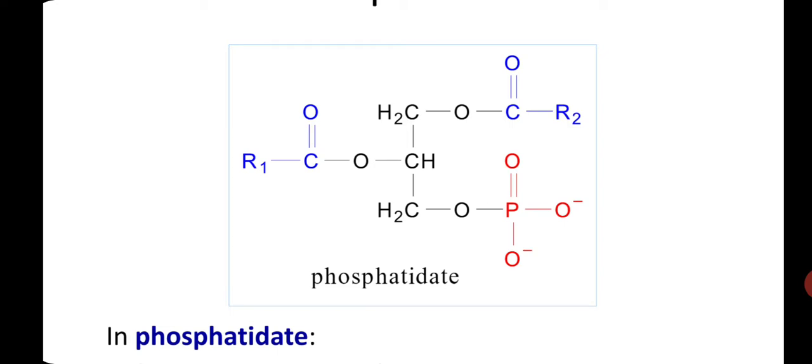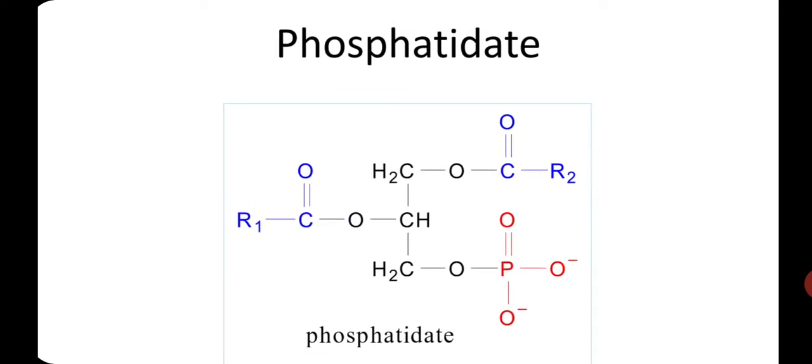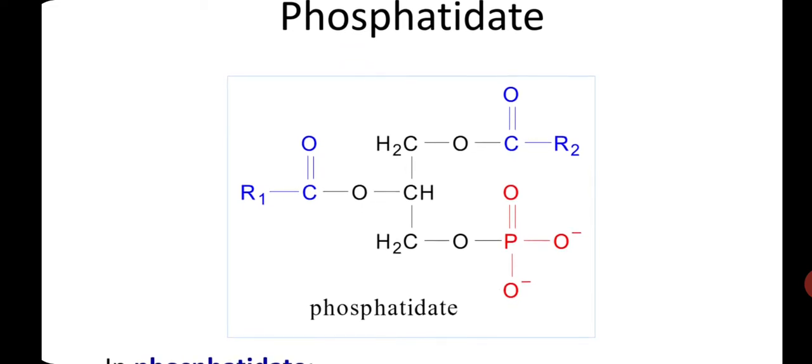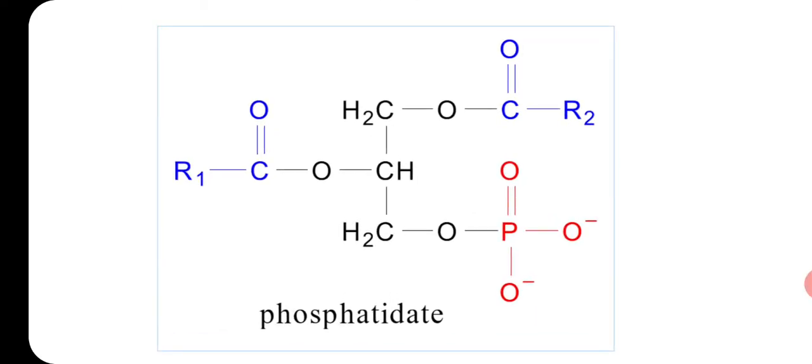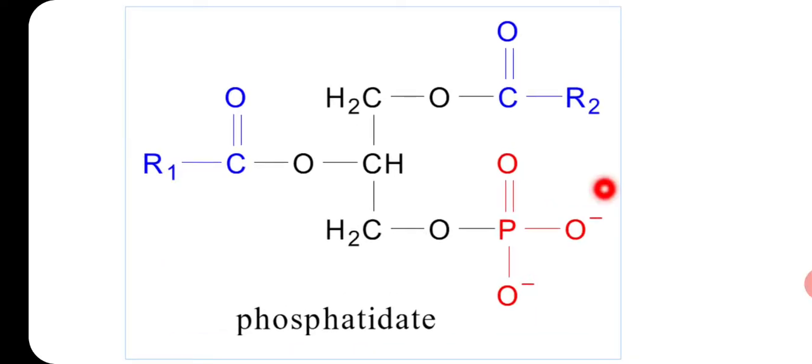Students, I described phospholipids and their types yesterday. I also told you the difference between a triglyceride and a phospholipid. At position number 3, instead of H, you are adding a phosphate molecule.